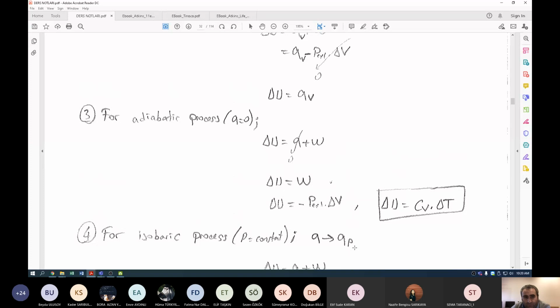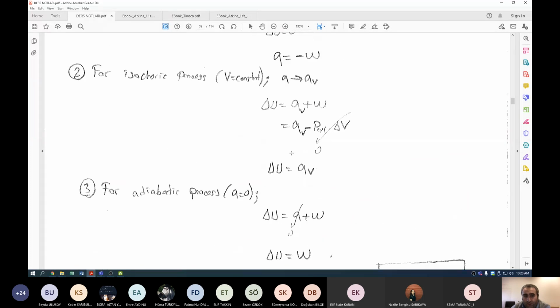Let's come again. So we have been talking about constant volume processes. Let's imagine the constant volume processes. We can have some reactors that have constant size, which doesn't change, but the pressure inside does change a lot.